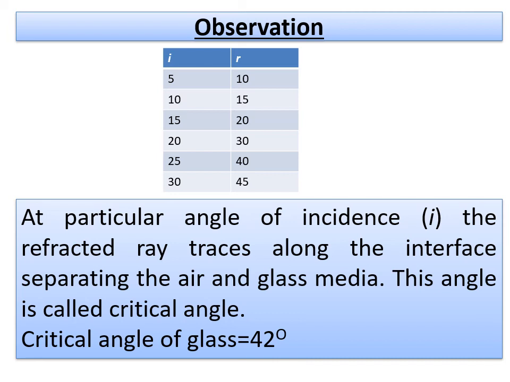Once I increased above 40 and below 45, at a particular angle we have seen total internal reflection. According to the glass material, that particular angle is the critical angle of glass, which is 42 degrees, but this varies with the glass material.